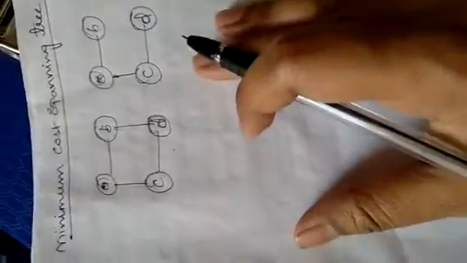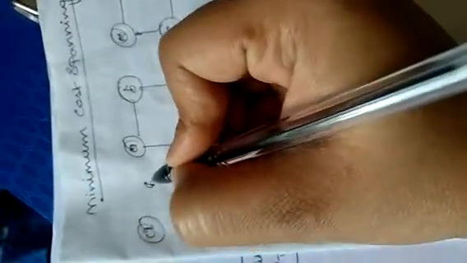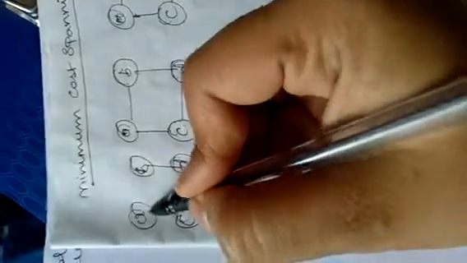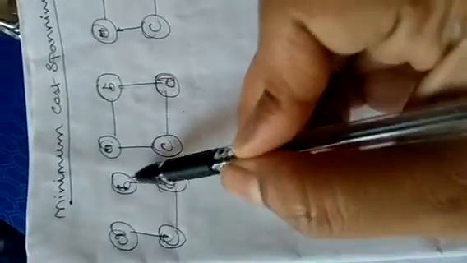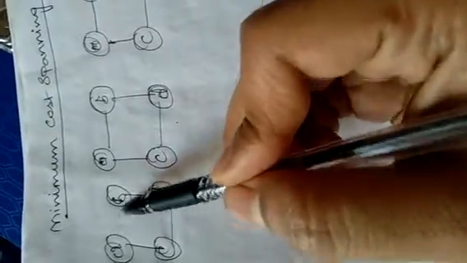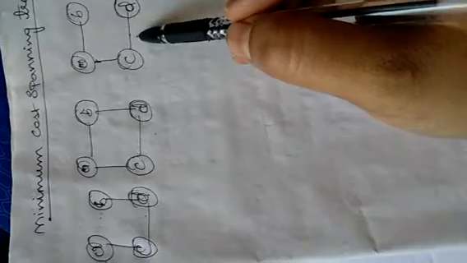In the same way, I can write one more: A, B, C, D. I'll retain all the vertices. Here also all the vertices are connected, but it is not forming a cycle. Here one edge is missing. This is one spanning tree. In the same way, you can write some more spanning trees. This is called a spanning tree.